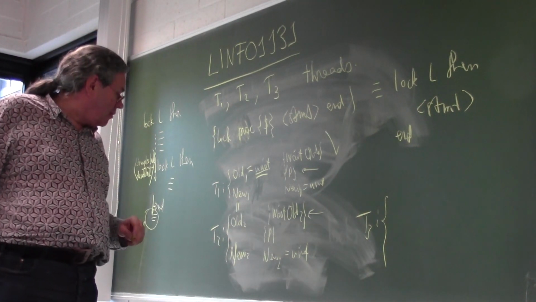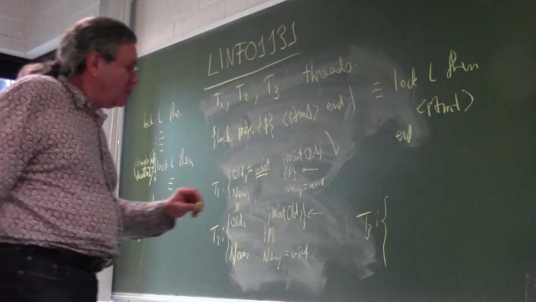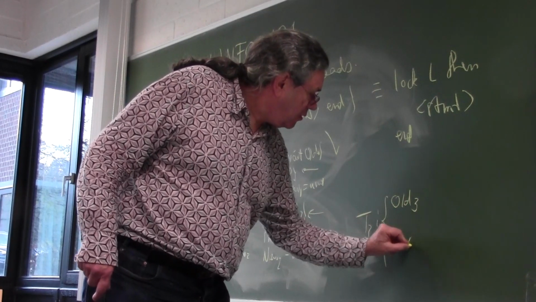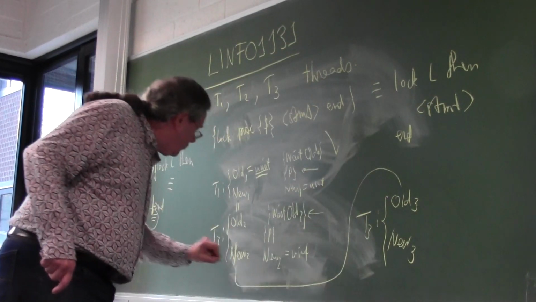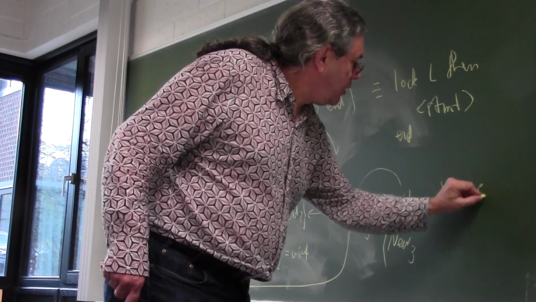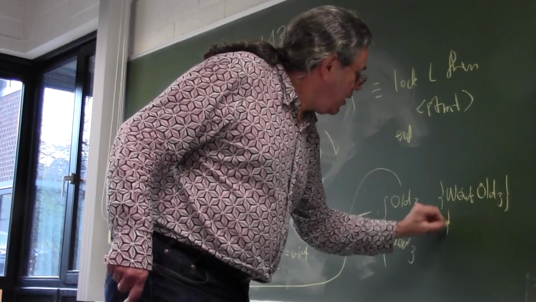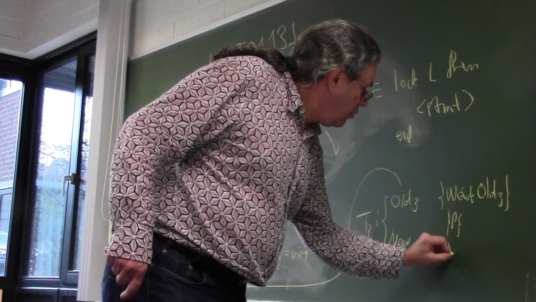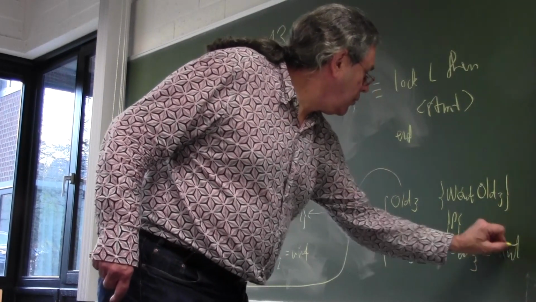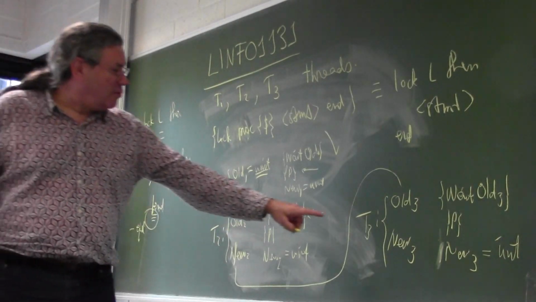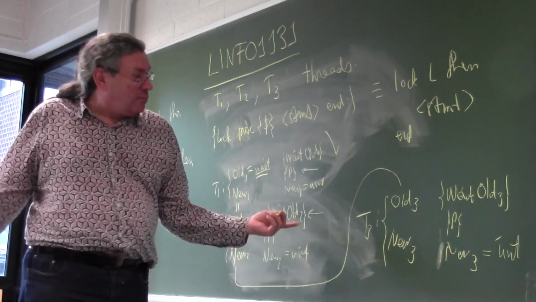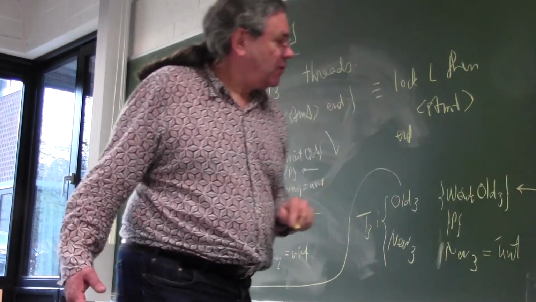Now T3 comes along and does an exchange. So T3 has a variable old 3 and new 3, but old 3 is the same as new 2. Okay, so it will wait on old 3, P here, and here new 3 is unit. Okay, so what does T3 do? Well, T3 comes here, it gets old 3, but old 3 is unbound, so it just waits here. You see how it's working?